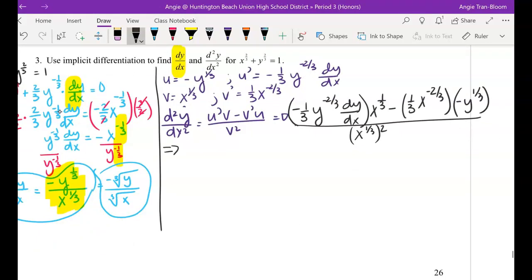Okay, now this is the step where I have to really take my time and double check my work. So this right here and this right here, I'm going to put them together to the front. And normally when I write stuff, I like to write x in front of y, so that's why I'm just moving it in front of the negative y to the negative 2/3. And then multiply by dy over dx minus, now this is a part where two negatives will change it to a positive.